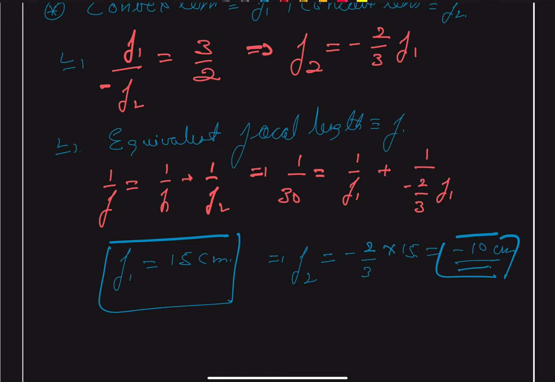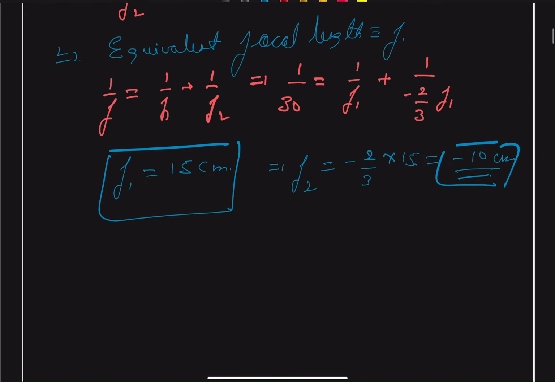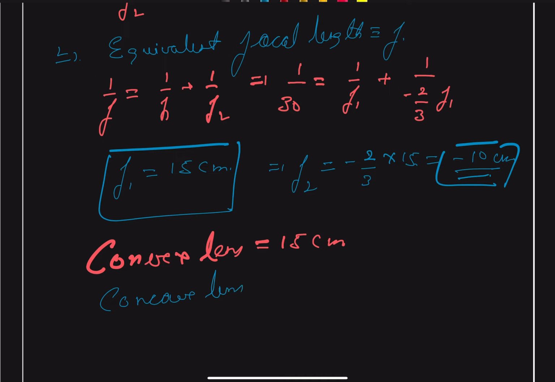Therefore our convex lens is having a focal length of 15 centimeter, and concave is having a focal length of minus 10 centimeters.